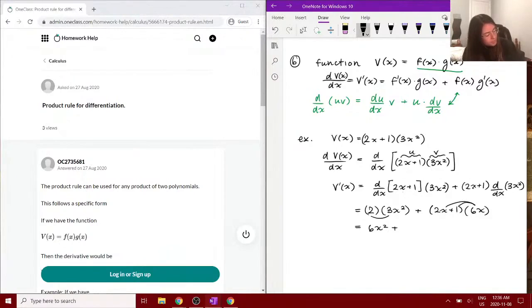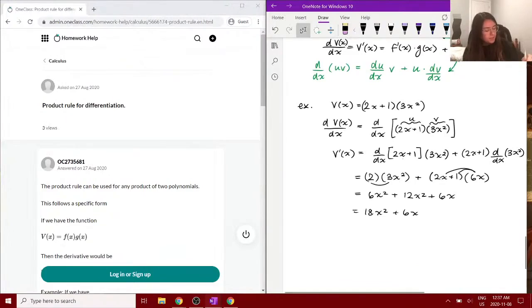We have plus 2x times 6x, which is 12x squared, plus 1 times 6x, which is just 6x. Okay, we can combine these terms. So we have 18x squared plus 6x. And that can be our final answer for the derivative of v.